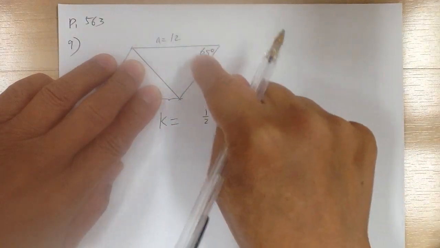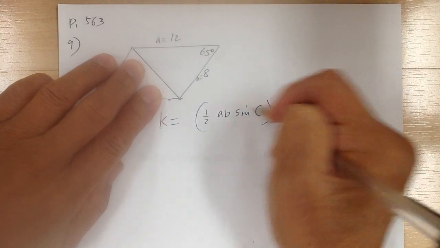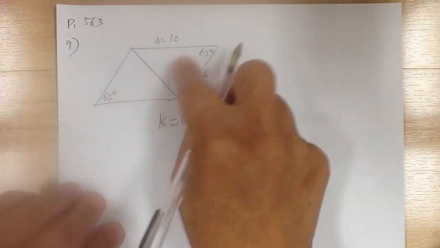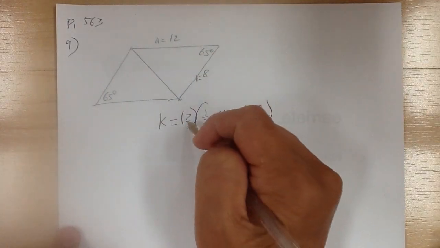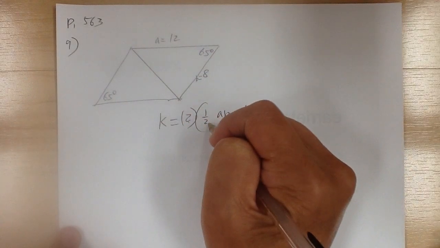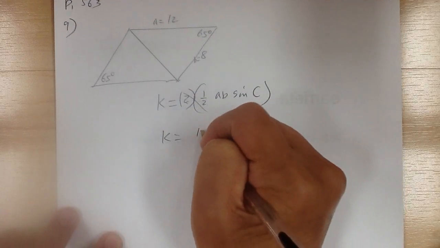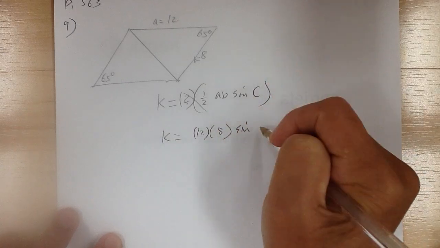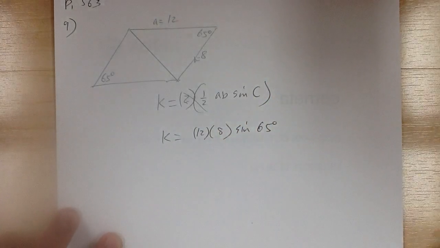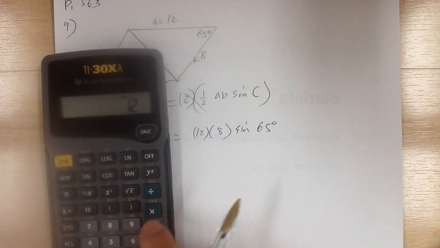And since there are 2 of them, you have to times it by 2, because there are 2 triangles. And now 2 and half cancel out, so K would be just equal to 12 times A sine of 65 degrees. So get your calculator.